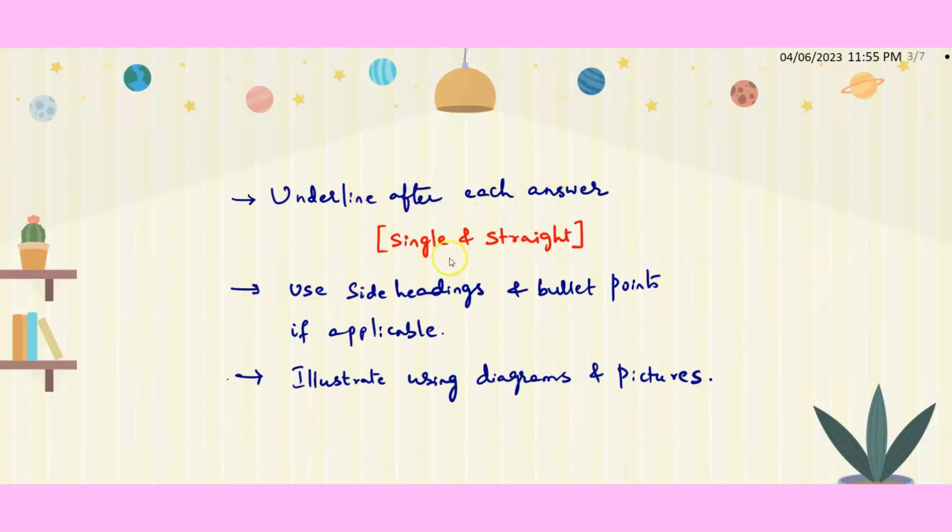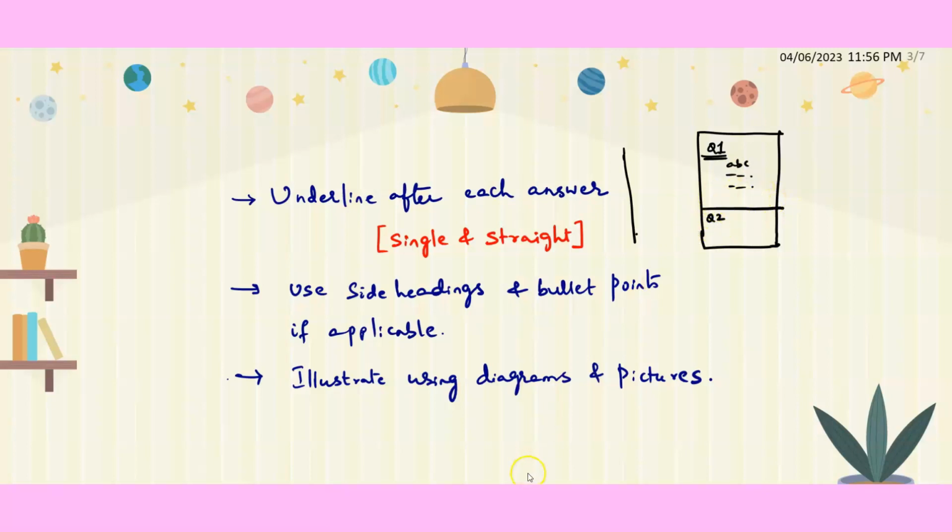Underline after each answer. This is one minimum courtesy, minimum respect. If you underline after each and every answer, let us say question 1, you have written some answer. Once you finish that question 1, just draw a line like this, then start question 2.